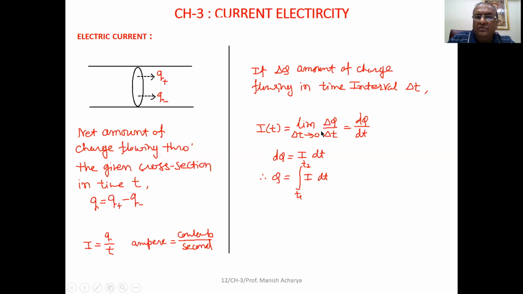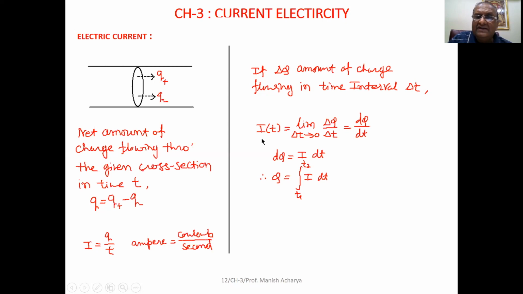That is equal to limit delta t tends to 0 of delta Q by delta t, or we can write that as dq by dt. So instantaneous current is the rate of flow of charge at that particular instant.